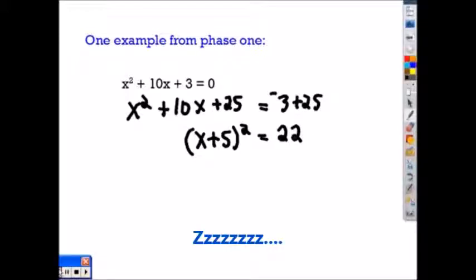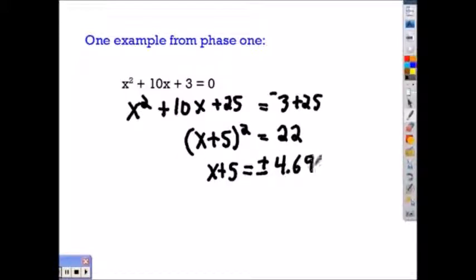When I take the square root of both sides, I get x plus 5 is equal to positive and negative 4.69. I use my calculator and I just round it off to the nearest hundredth. Now to get rid of plus 5, I will subtract 5 or add negative 5 to both sides. So when I add a positive 4.69 and subtract 5, I'm going to get a negative 0.31.